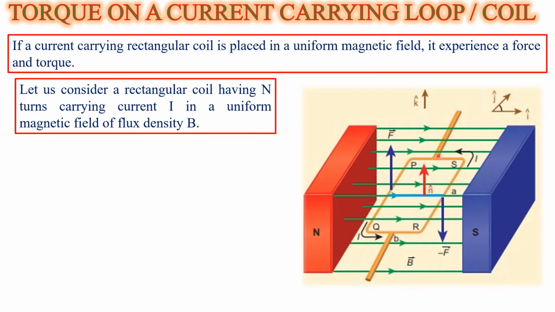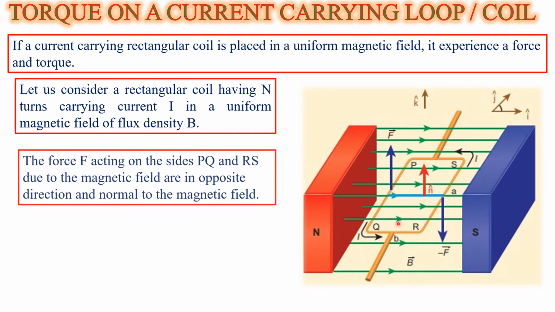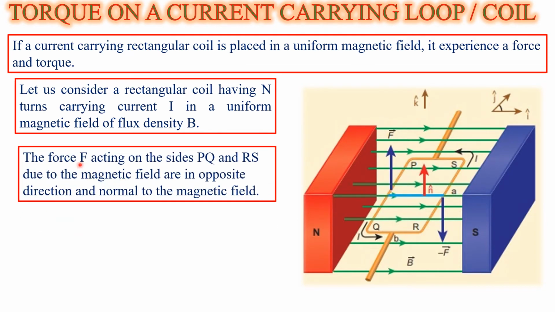This rectangular coil placed in uniform magnetic field will experience force as well as torque. The forces F acting on the sides PQ and RS due to the magnetic field are in opposite direction and normal to the magnetic field.